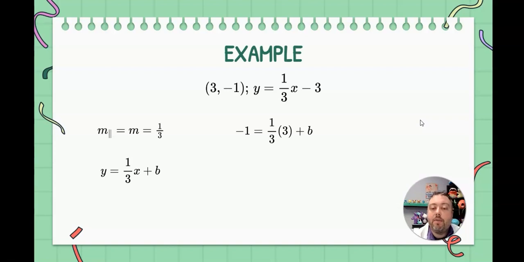Now I have to simplify and solve for my y-intercept. 1/3 times 3 gives me a value of 1. -1 equals 1 plus b. To solve for b, I subtract 1 from both sides, and I get that -2 equals b. Now that I have my y-intercept, I can put it back into my equation to get a final answer of y = 1/3 x - 2. This is the equation of the parallel line that goes through the point (3, -1).